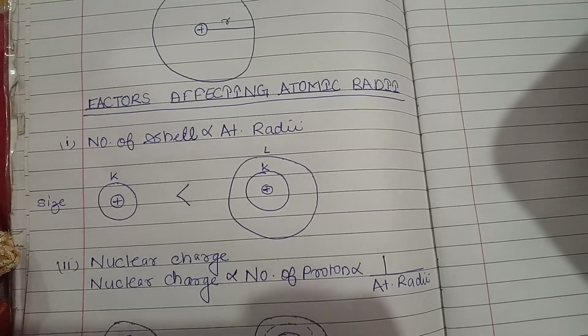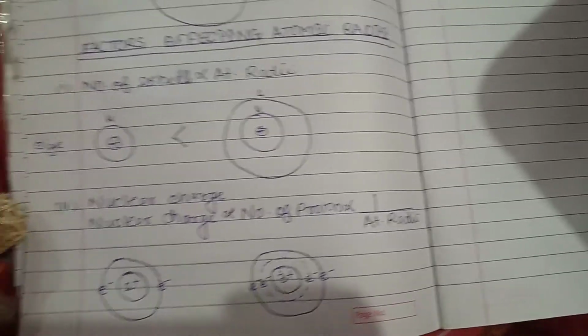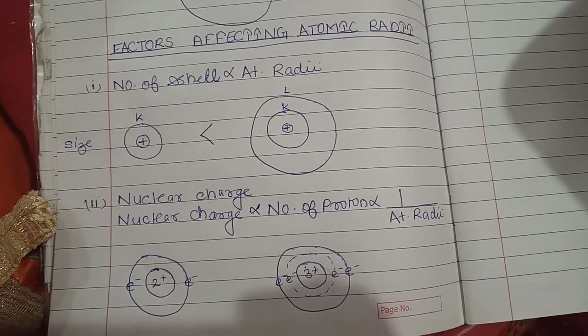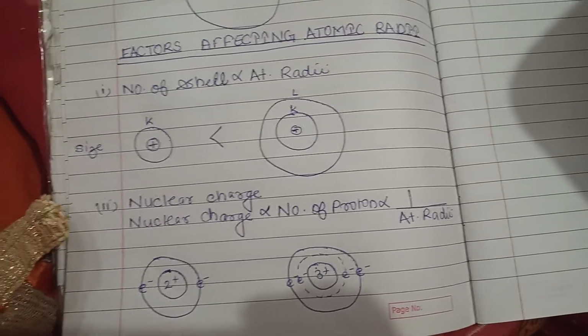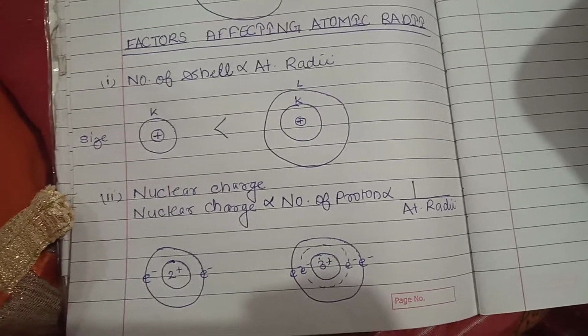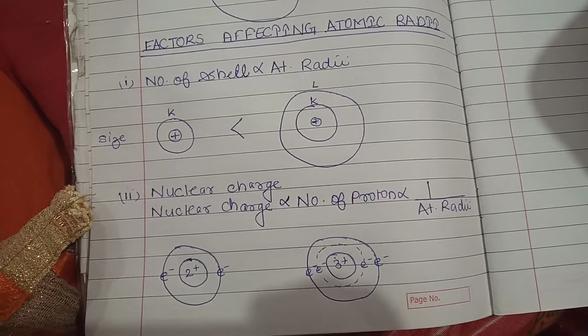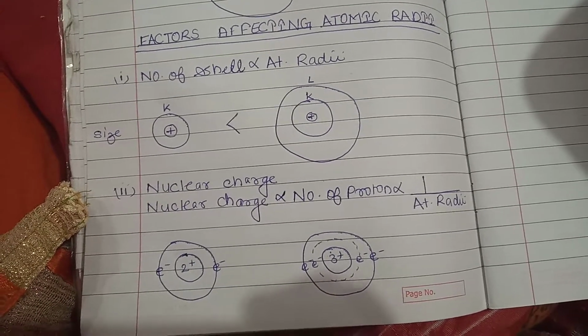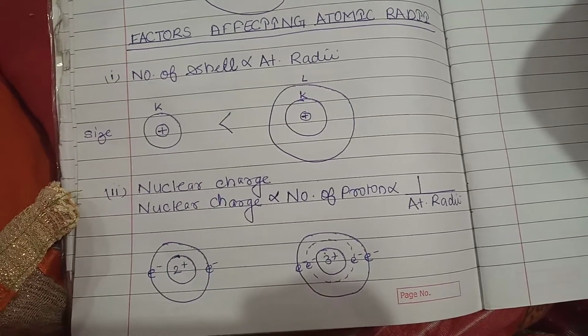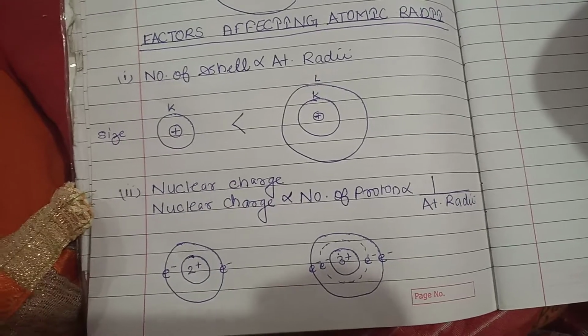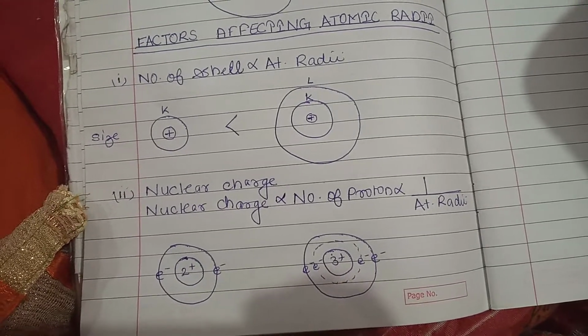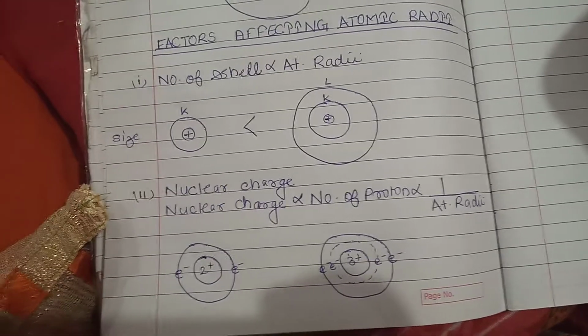So, before seeing this particular diagram, if we have to deal with the nuclear charge, just imagine our solar system. Increase in nuclear charge will be very much similar to that of increase in the gravitational pull of sun. That is, if my sun's gravitational pull is increased, then what do happen?